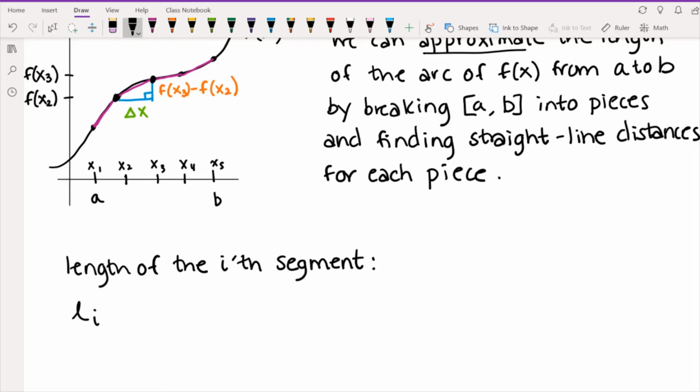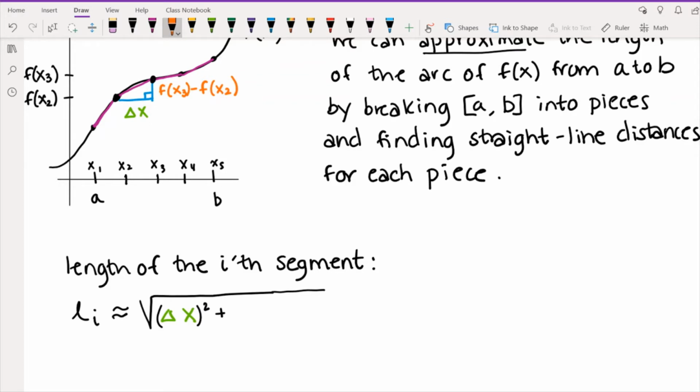So L sub i would be approximately equal to the square root of delta x squared plus, and I'll use this color so we can keep track of where everything came from, (f of x sub i+1 minus f of x sub i) squared, with parentheses. Rather than write this for x3 and x2, I'm going to be more general, because here we're talking about the ith segment.